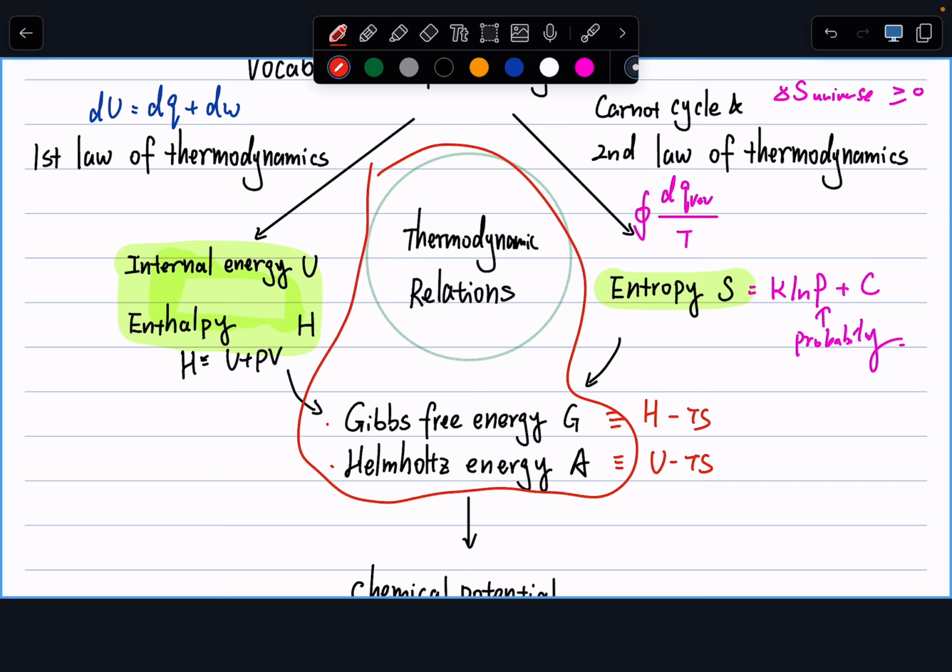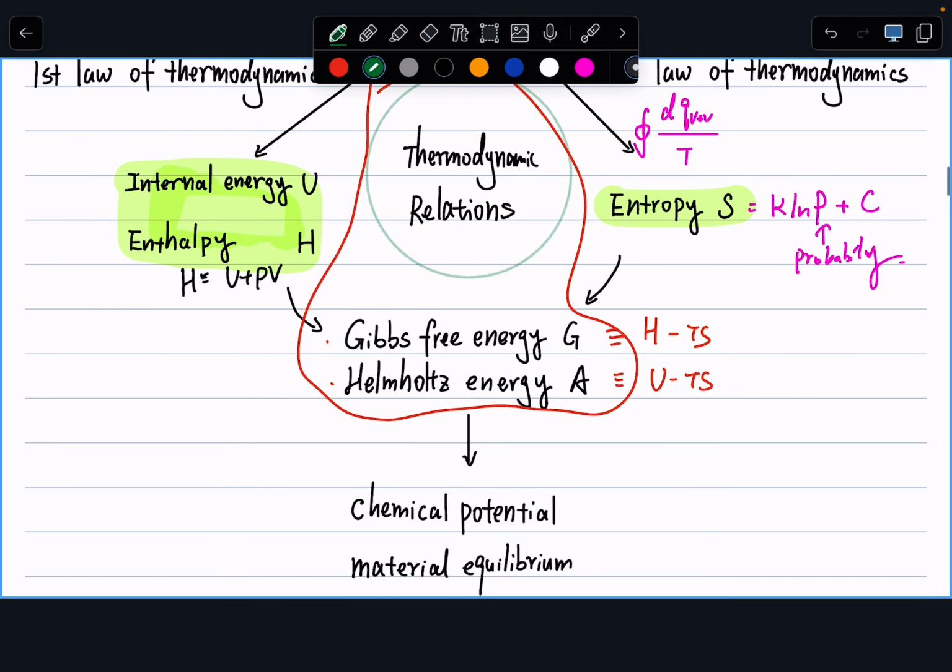And in chapter 4, we also went over our thermodynamic relations. Whenever we have new state functions, now we have 5 different state functions listed here. So thermodynamic relations give us a way to generally build relationships between these state functions. For all these 5 state functions, you want to know their definition.